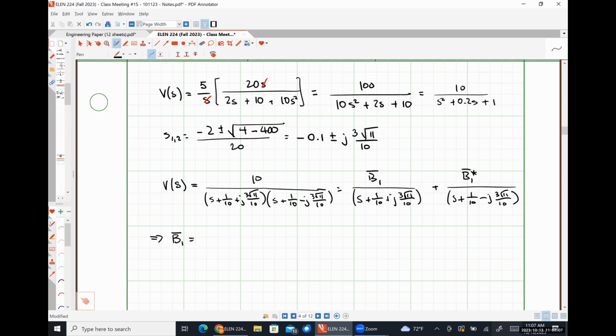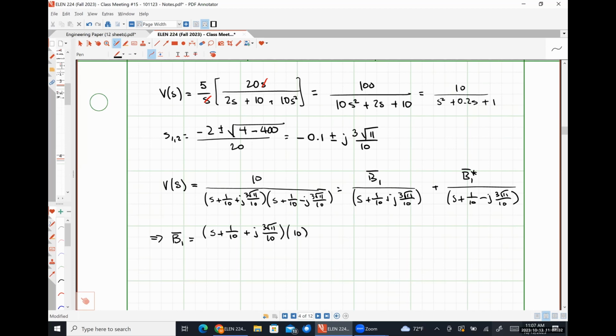How do I find B1? I multiply by s plus 1/10 plus j 3 square root of 11 over 10 times V of s.